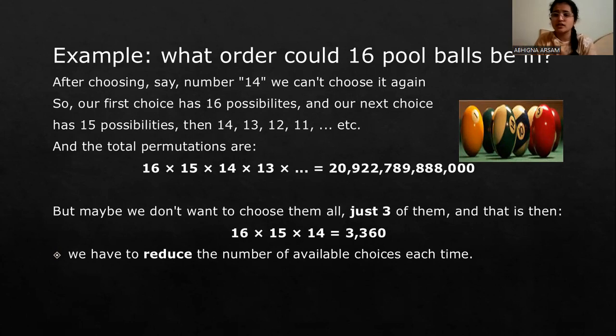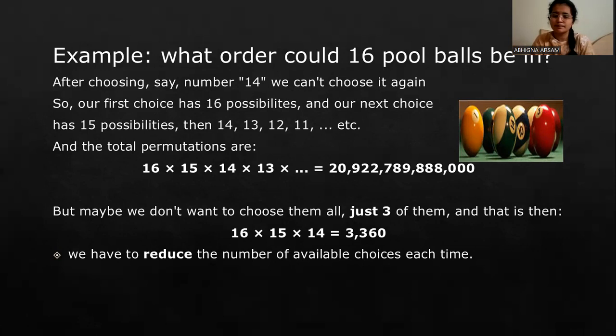Our next choice could be 15. That means in the first case we pick from 16 balls, and then one ball is already fixed, so we are left with 15 balls, so we have 15 possibilities. Like that, the total permutation could be some big number.